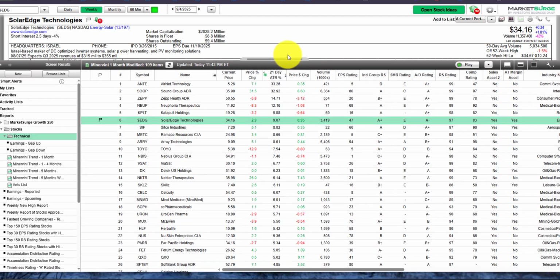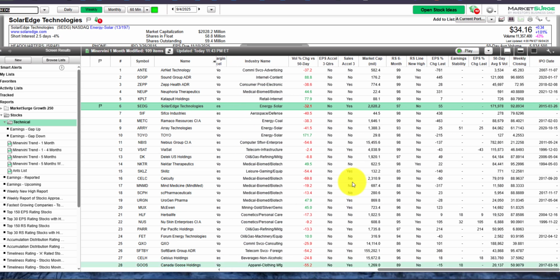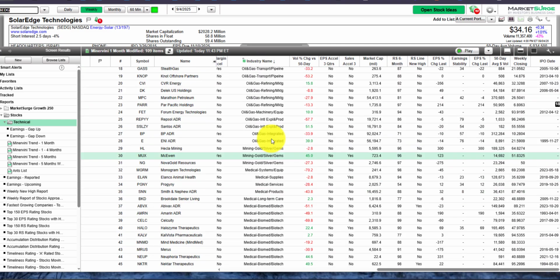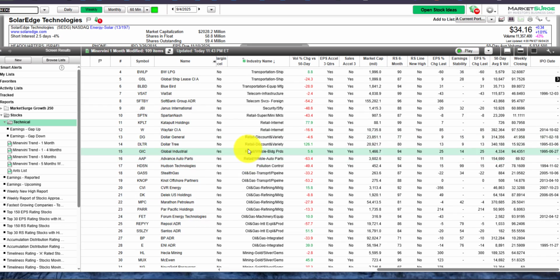So here we have pulled up 109 stocks today. The longer the list, the better the market is doing. And let's first look at some of these industries. Let's see if anything jumps out at us. Couple utilities, 1 truck and parts, couple ships, some telecom, couple retail.